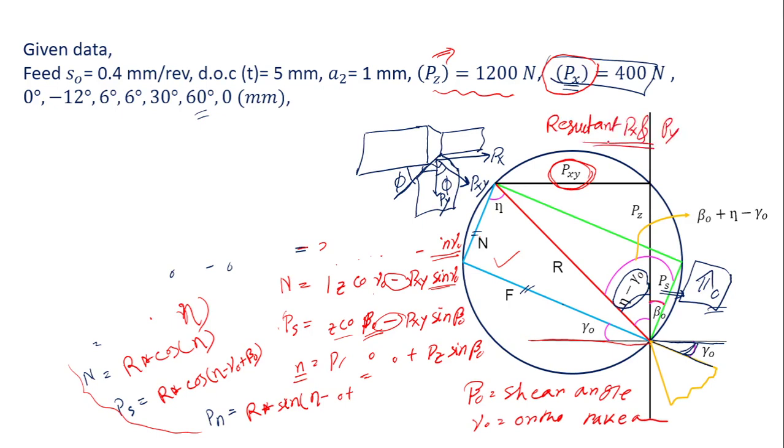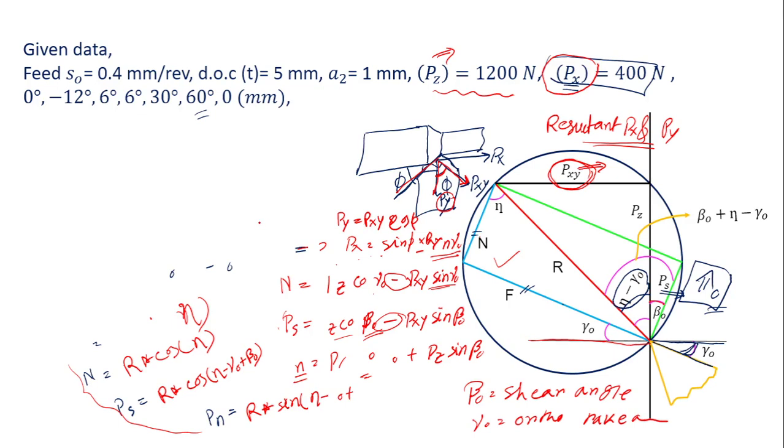So if in the question px or py is given, don't think that this value is given. We know the relations from this diagram: if this is our pxy and this angle is phi, then py is nothing but pxy into cos phi component, and px is equal to the sin phi component. So this thing you have to remember, the first point.